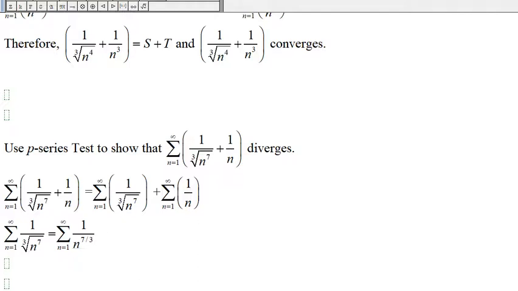And so this series right here is a P series with P equal to 7/3, which is greater than 1.